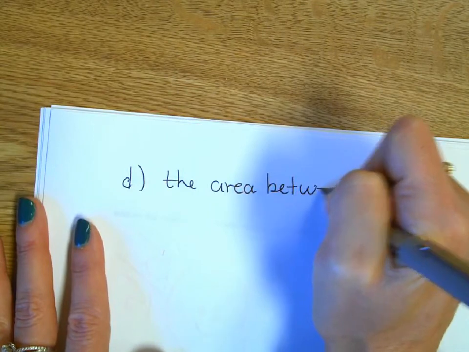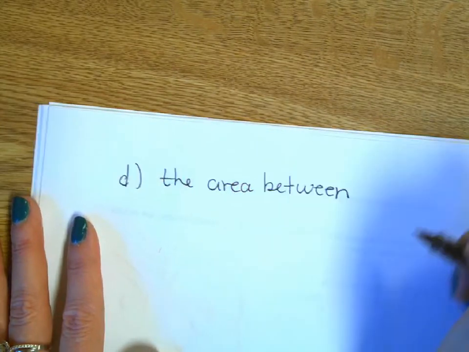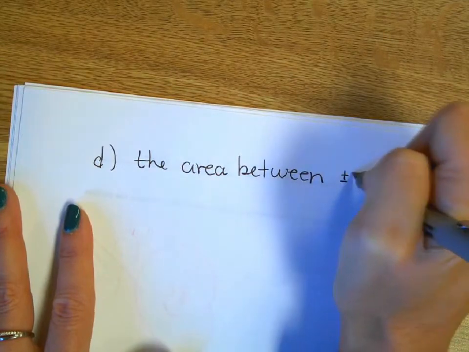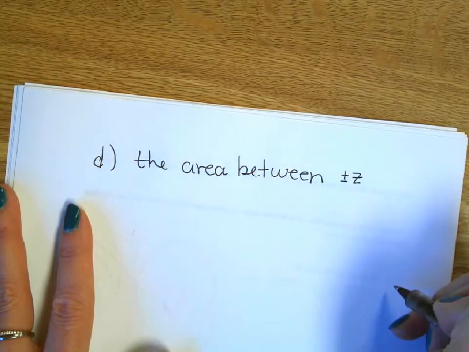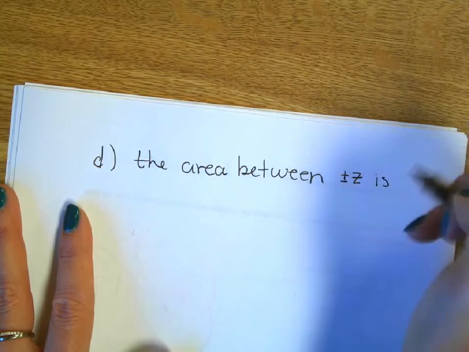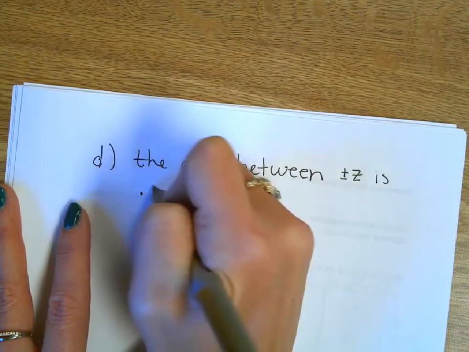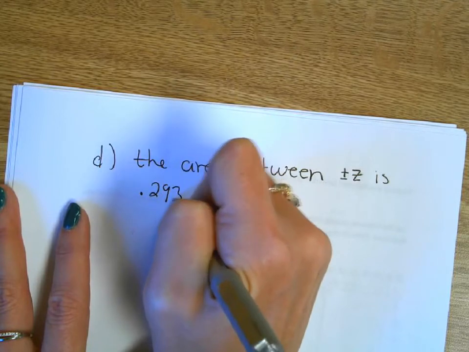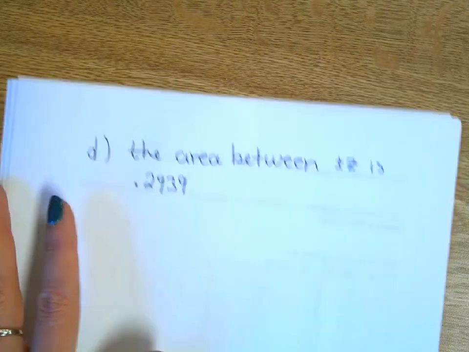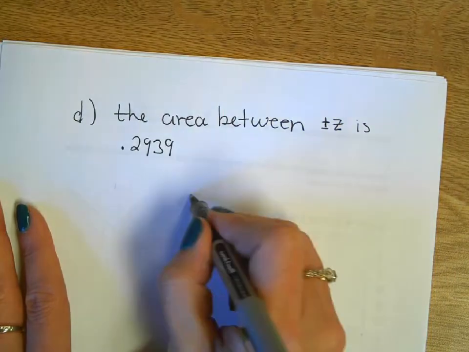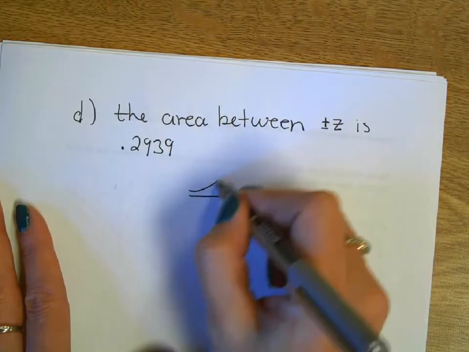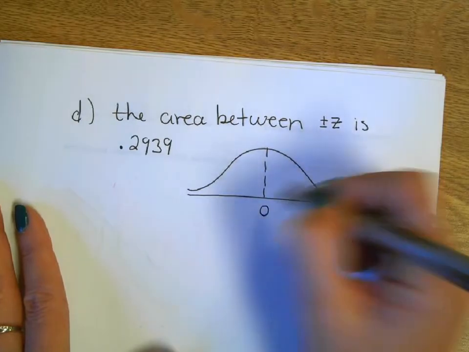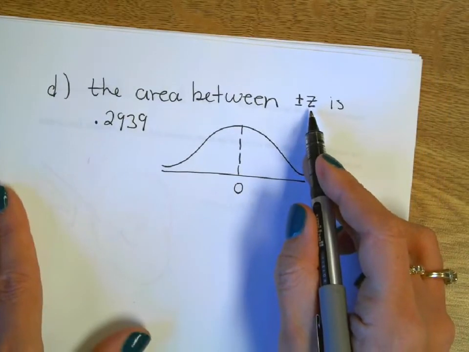All between. The area between 2 symmetrical z-scores. I say it as plus and minus the same z. Is 0.2939. So what that's saying, my 2 z-scores are equal but opposite.